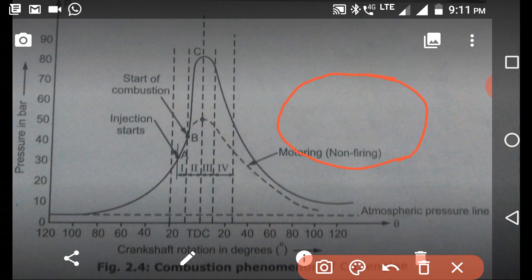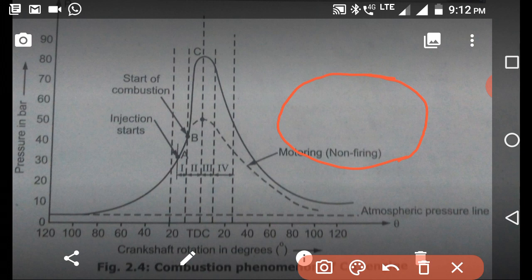Just at the end of the compression stroke we produce the spark, and due to the spark the combustion will occur. It means the combustion occurs at one end and spreads all over the combustion chamber.